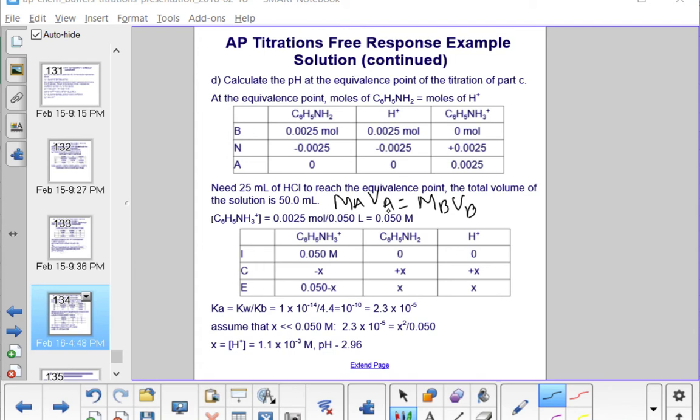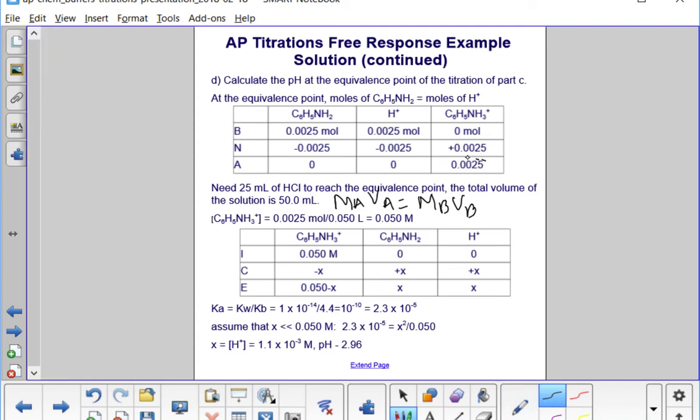Now I can figure out what's going on at equilibrium. I have some moles of C6H5NH3+, and in 0.050 liters or 50 milliliters it is a concentration of 0.050. Remember, this will undergo hydrolysis to produce the base aniline and excess hydrogen ion.